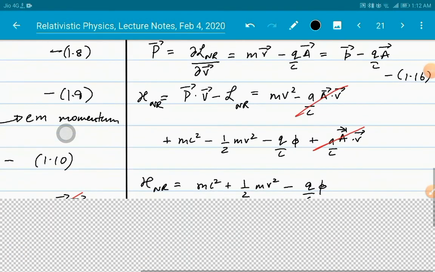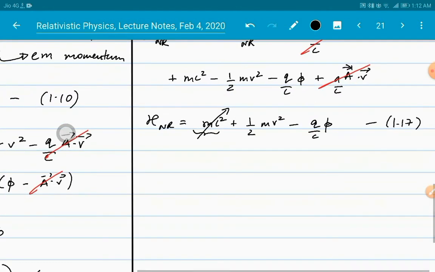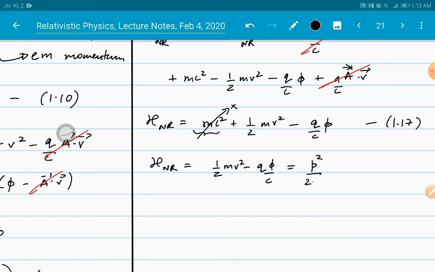Now in this Hamiltonian we can see that mc square is simply an additive constant, so we can throw it away and we are left with our non-relativistic Hamiltonian, which is 1/2 m v square minus q phi by c, which can also be written as our mechanical momentum squared by 2m.